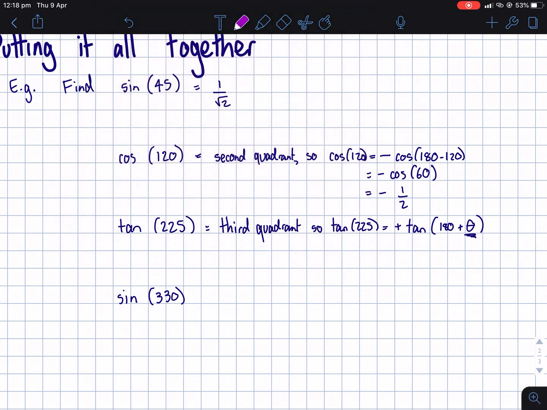So to figure out this theta, you do 225 minus 180.